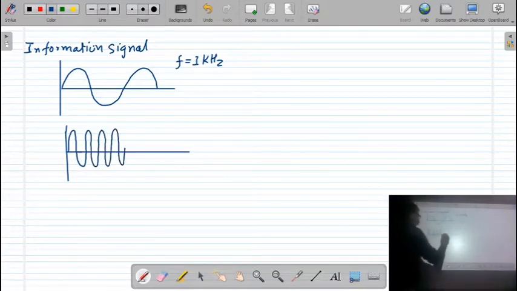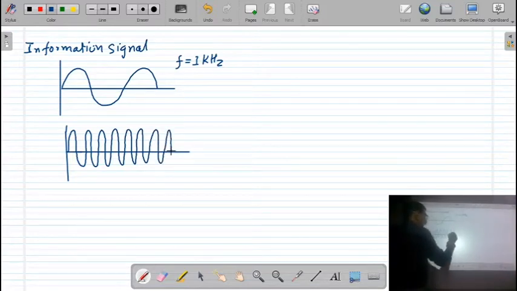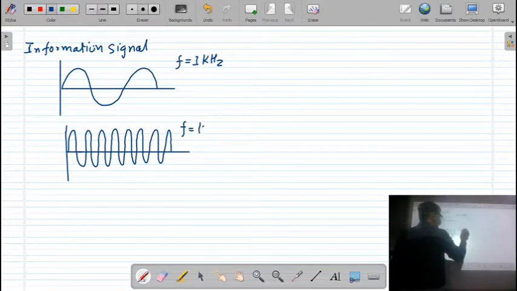So our high frequency will look like this, and let us say this frequency is 10 megahertz.